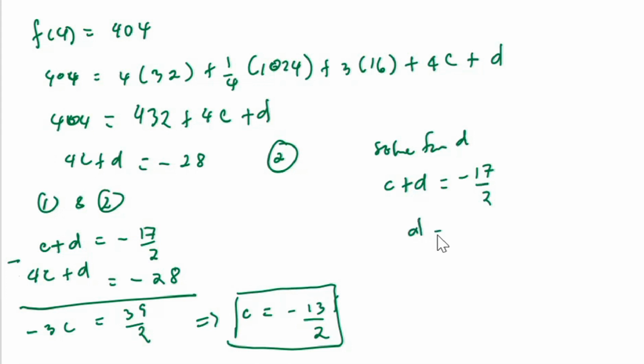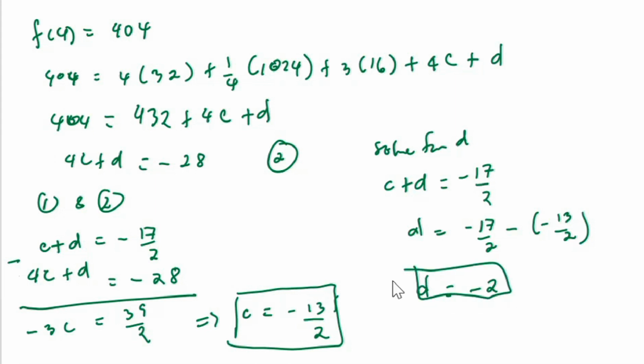So d now is equal to negative 17 over 2 minus the value of c, which is negative 13 over 2. So the difference, which is the value of d, will give us the answer of negative 2. So we have now d equals negative 2.